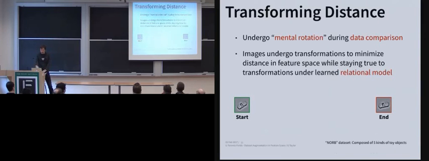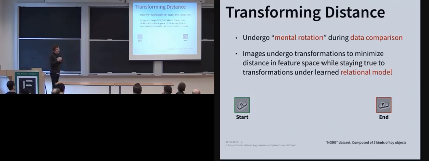So a couple years ago, working with Gavin Ding, who's here, we thought of this idea of doing a type of mental rotation in a similarity learning model. So you're asked to compare two examples, and instead of just comparing these examples in some feature space, you allow one object to morph into the other one while doing this comparison.